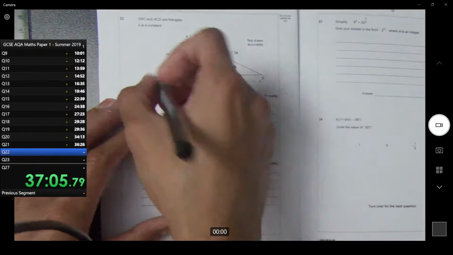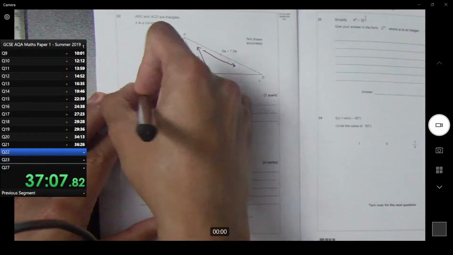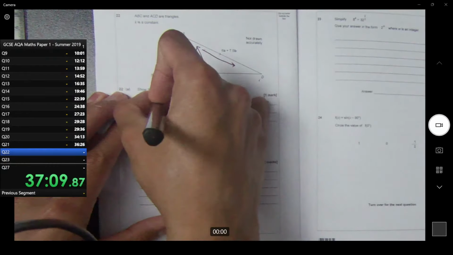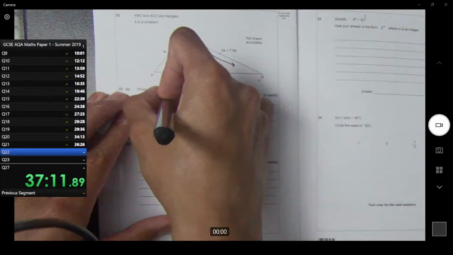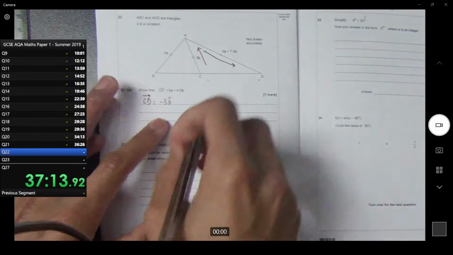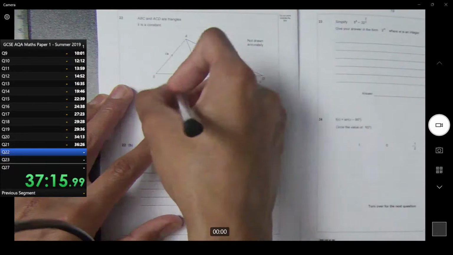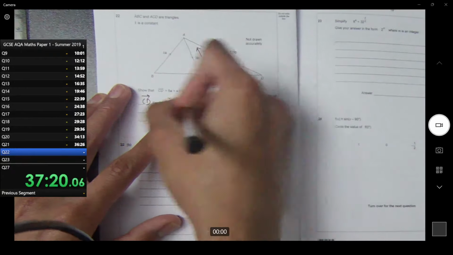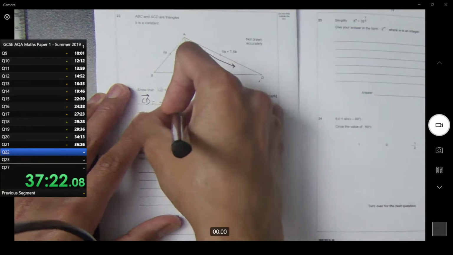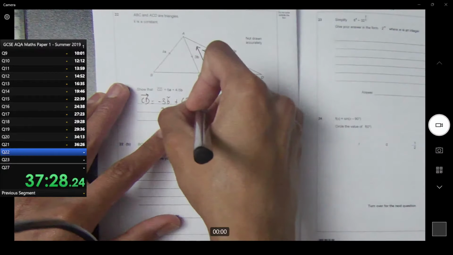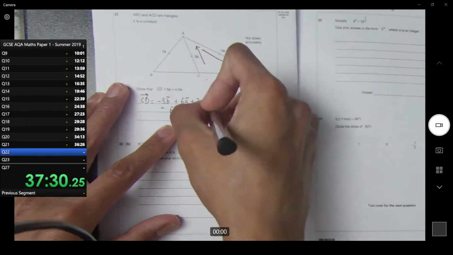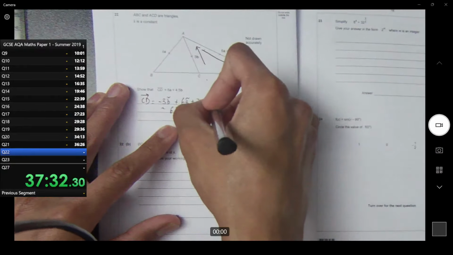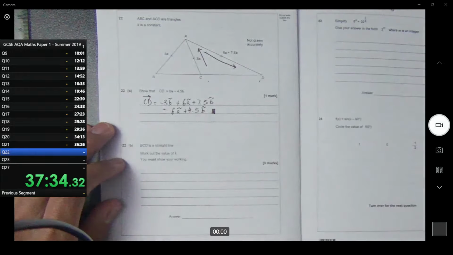So we take the negative 3B, and then we add on A to D here, plus 7.5B. So this gets us 6A plus 4.5B.